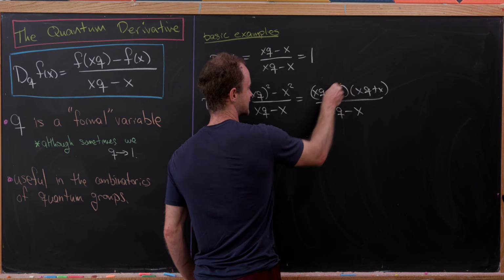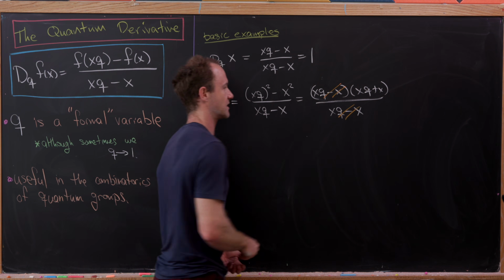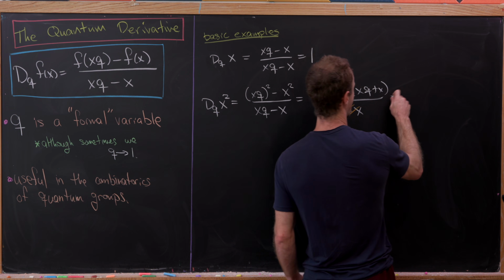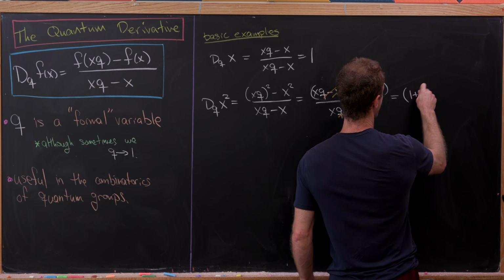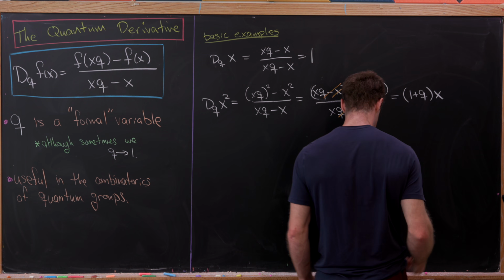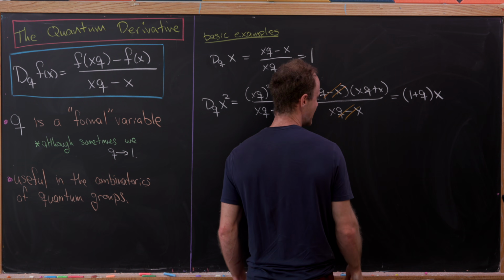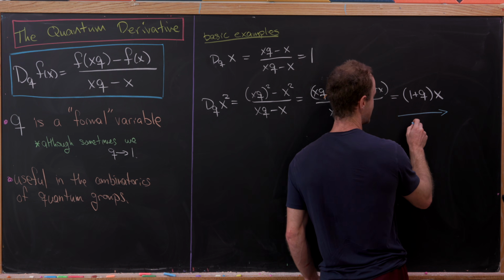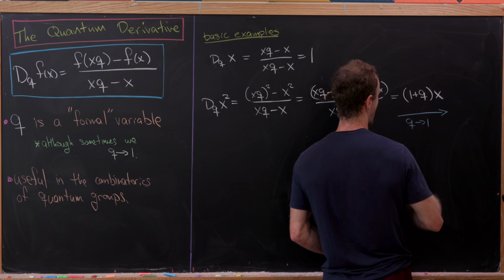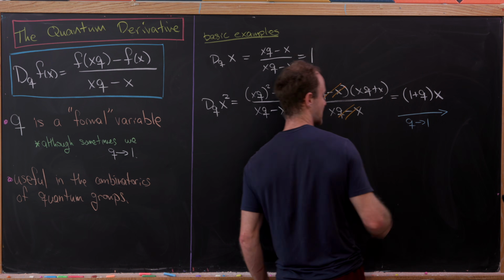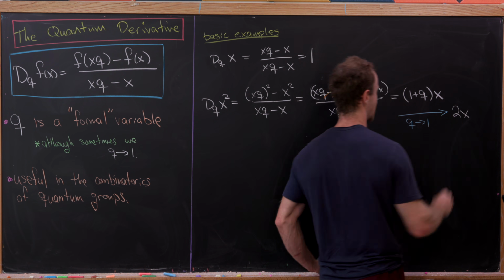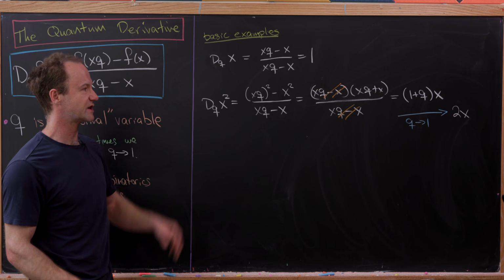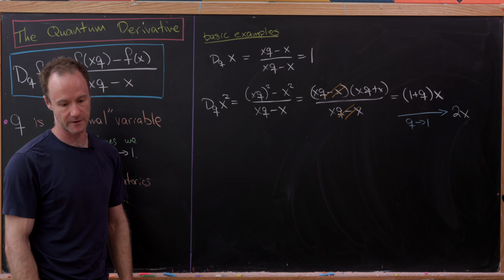But now notice we get some nice simplification here. And then what we're left with, we can factor an x out, and I'll rewrite this as 1 plus q times x. And then important to notice is what happens if we take the limit as q goes to 1, we get 1 plus 1 times x, in other words, 2 times x. So with the limit as q goes to 1, we retrieve the normal derivative here.